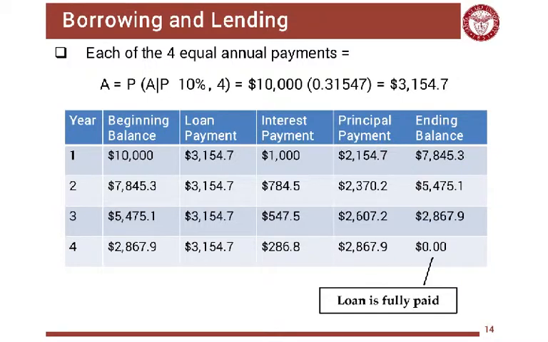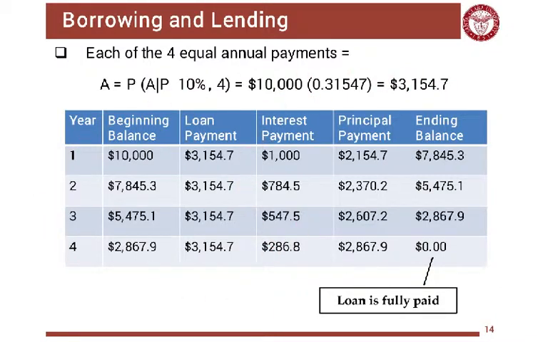At the end, you see the ending balance will be 0 because we calculated the loan payments based on this formula with the 10% rate, and at the end you should end exactly at $0, meaning Sally has paid back all the loan.